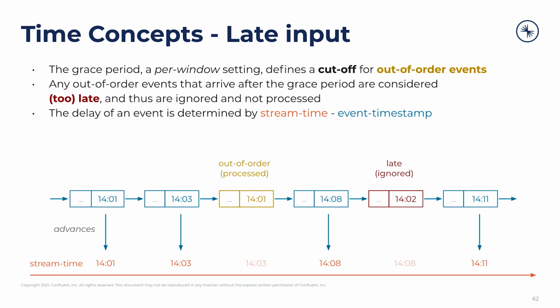So we touched on this briefly earlier, but in addition to out of order data, there's this concept of late data. Late data is distinct from out of order data because it means the event has arrived so far past the time period of records that you care about that it just gets dropped on the floor completely. It gets ignored. And this is where the grace period comes in. This is a per window setting, and it defines a cutoff period for out of order events.